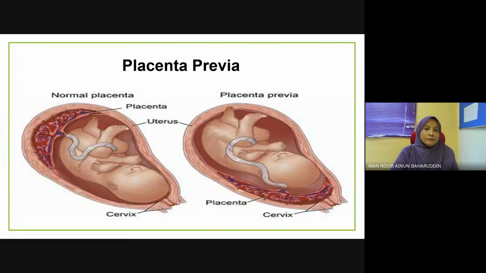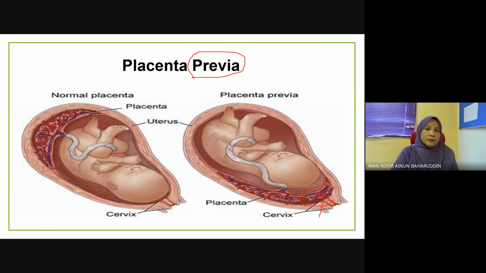Okay, you can see some part of it is placenta previa. The normal placenta is directly on top of the uterus, but placenta previa means it tries to close the cervix of the baby.